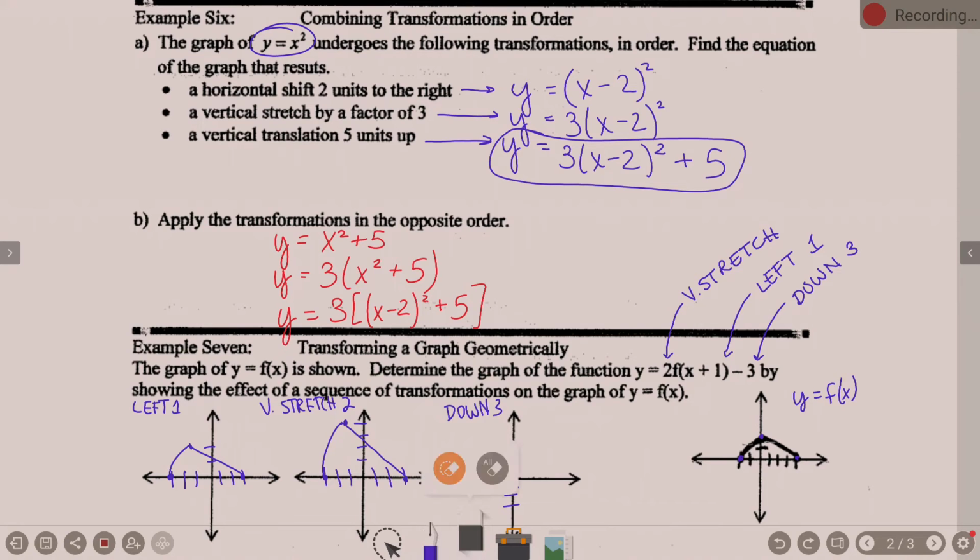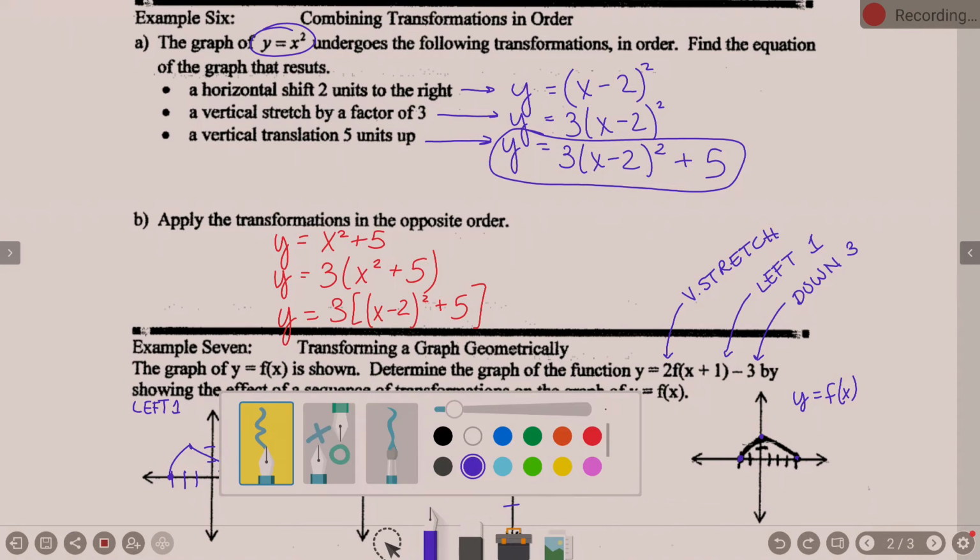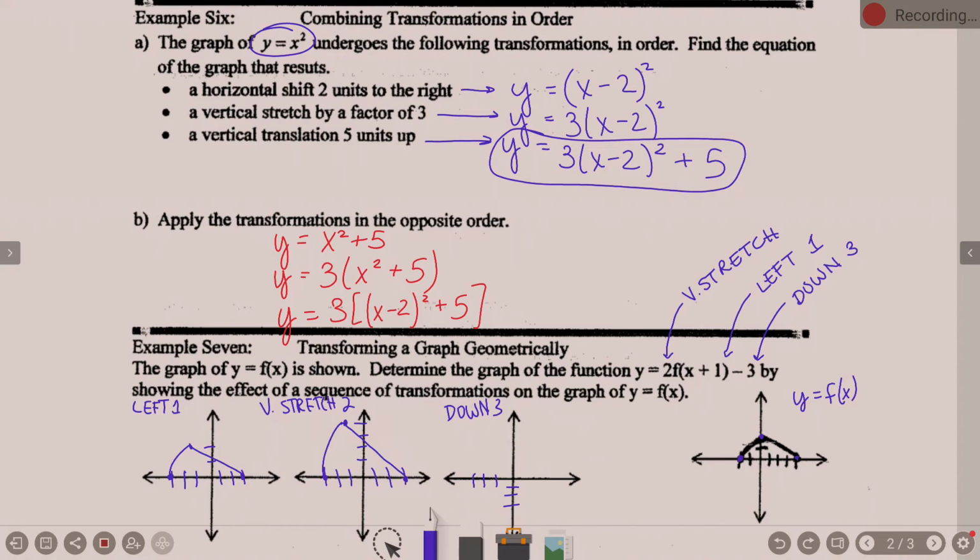I am too close to the bottom of the board. Can you tell? Sorry, anyone watching this video. So sorry, Ethan. Left 3, down 3. Over here, it was right 3. That's going to be down 3. The one that was left 1, up 4 is now going to be left 1, up 1, I think, if you do the math. This doesn't look exactly right because I had issues with the tools down there.